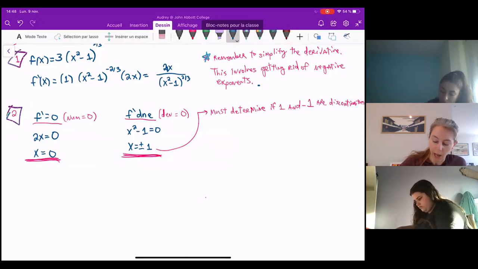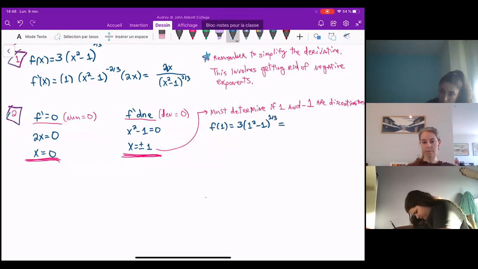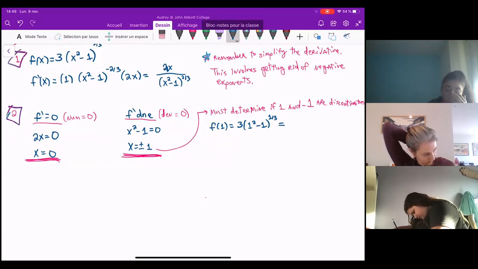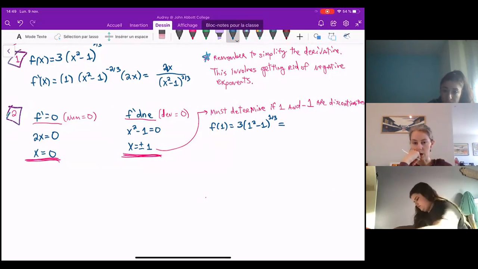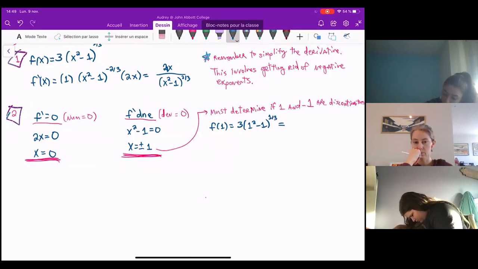So here I'm doing f of 1 is equal to 3 times 1 squared minus 1 to the 1/3. And what does that equal? You got it. That's a 0. And does 0 exist?